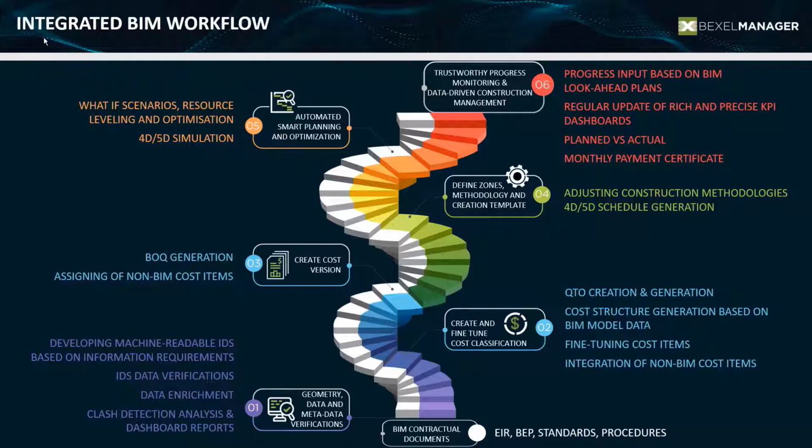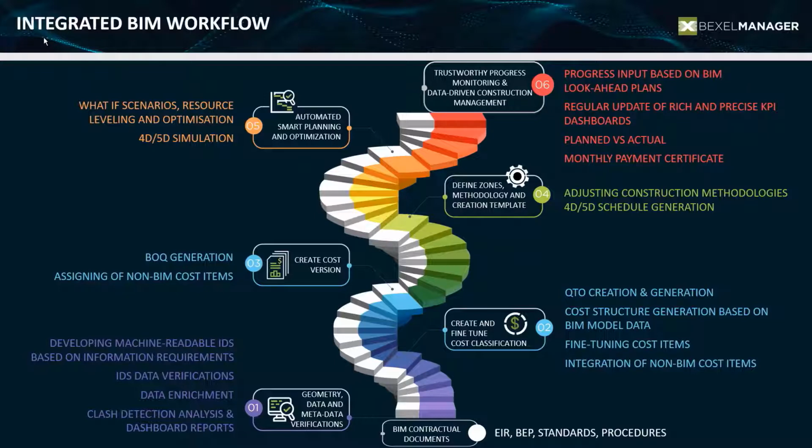Today's integrated workflow will consist of a few major steps. At the beginning, we will start with automatically enriching the model with data using the existing data of the model, QTO creation and generation of cost work breakdown structure. After that, we're going to go through the process of automated generation of BOQ based on the previously prepared work breakdown structure.